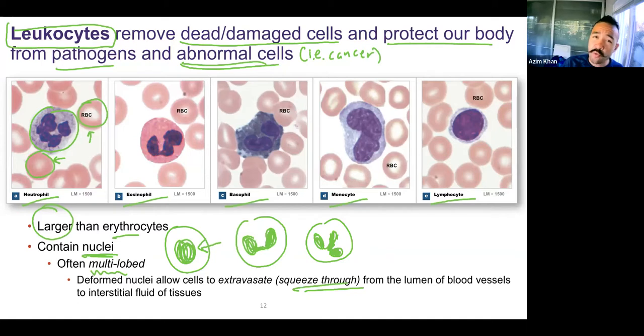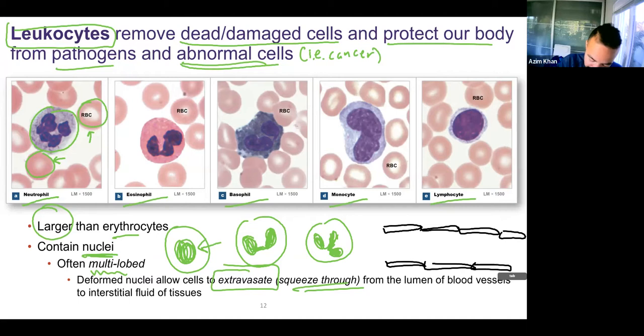The word for squeezing through into or out of a blood vessel is extravasate. It's important that leukocytes start in the bloodstream and then they can squeeze into a tissue that, for example, might have an infection. Let me attempt to draw a blood vessel. So let's say here is the lining of a blood vessel.